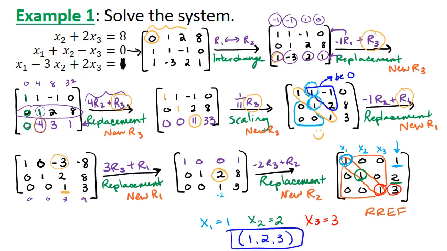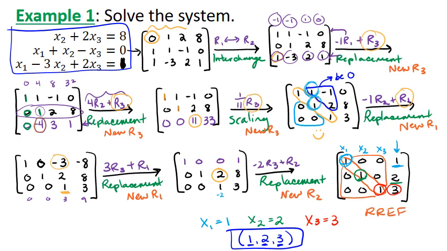This is the solution to this system of equations. Remember, you can check your answers by plugging each of these values in, and it must work in all 3 equations. So just quickly plug them in, verify that they work, and if so, you are good to go.